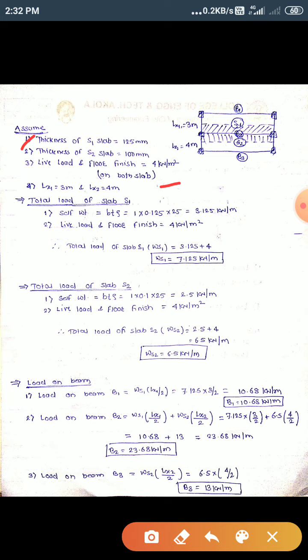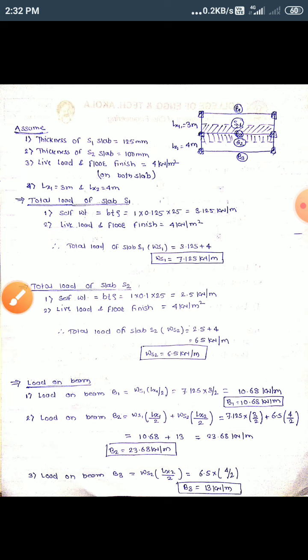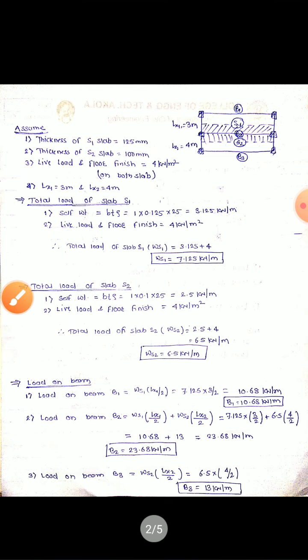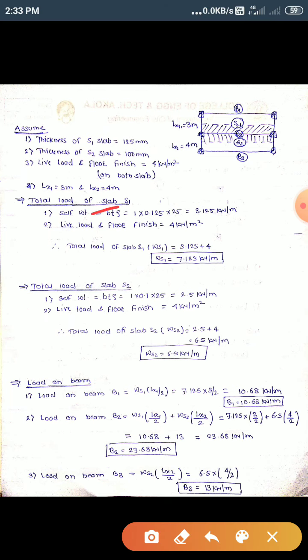Now see, first calculate the total load of slab S1. First calculate the self weight. We know the formula for self weight is b into t into rho, the density, where b is 1 meter width.